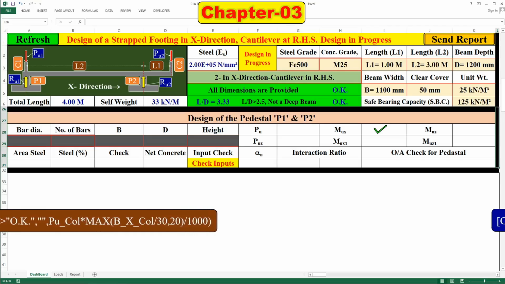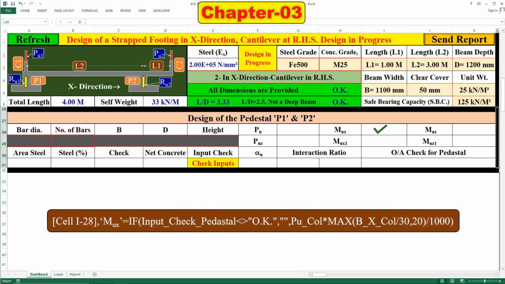Next formula on the screen is the formula for M_U_X in cell I28. Once again, Excel will first verify input_check_pedestal. If it is not OK, the cell will remain blank. Otherwise, it will calculate the moment due to eccentricity along the x-axis as per IS 456.